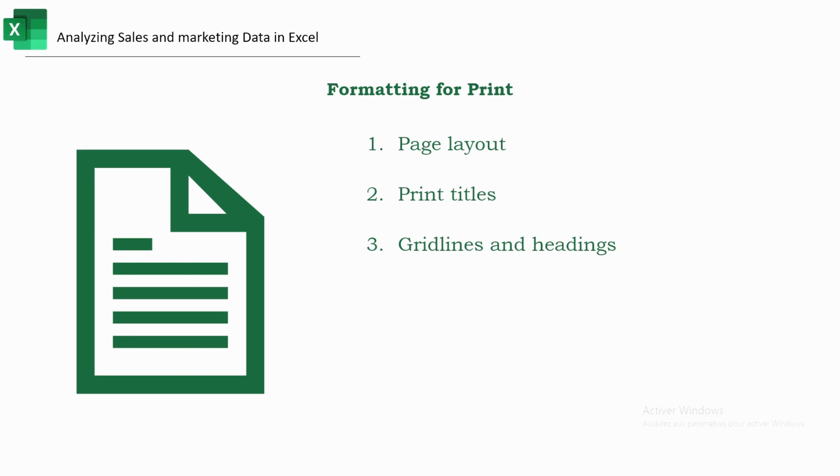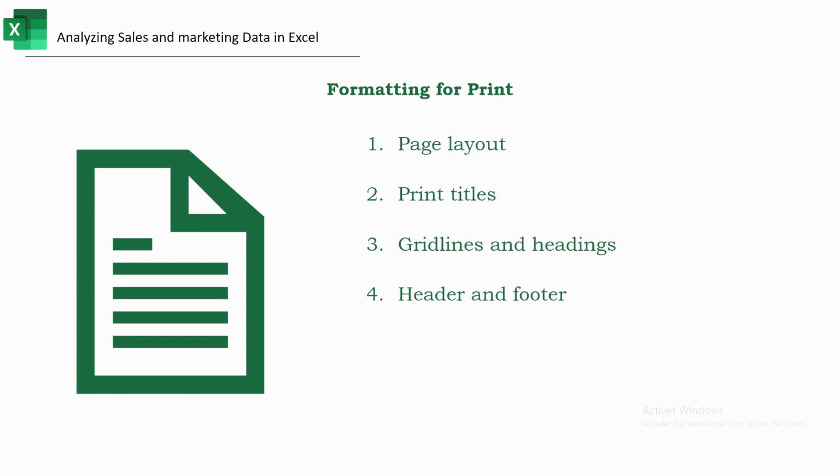Gridlines and headings. Decide whether to include gridlines and column and row headings in the printed version. Adjust this setting under the View tab. Sometimes it's beneficial to print without gridlines for a cleaner look. Header and footer.